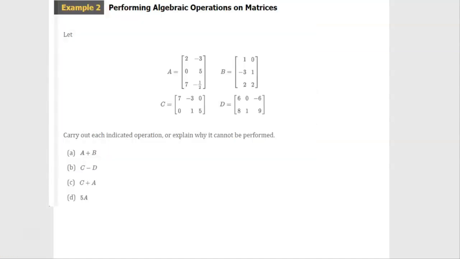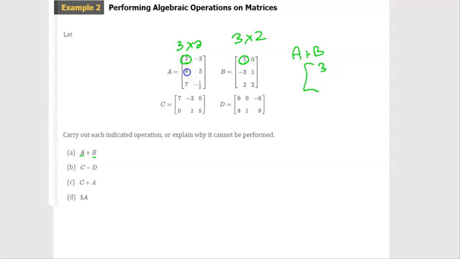So here, for example, are four matrices, A, B, C, D. If I wanted to take A plus B, notice matrix A is a 3 by 2 matrix, and matrix B is also 3 by 2, so they're the same size. Now I can add them together. You take each entry and add those together. So this entry added to that entry would be 3.